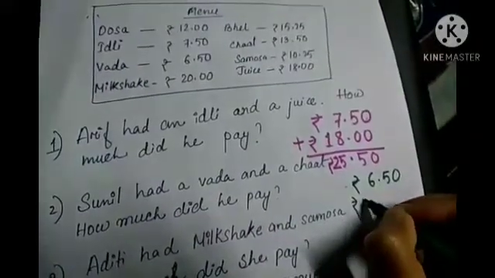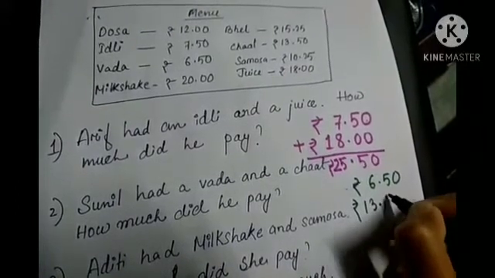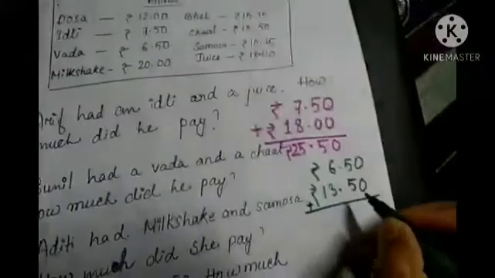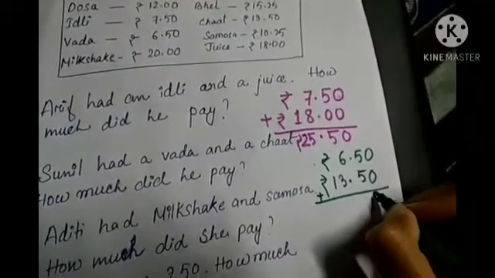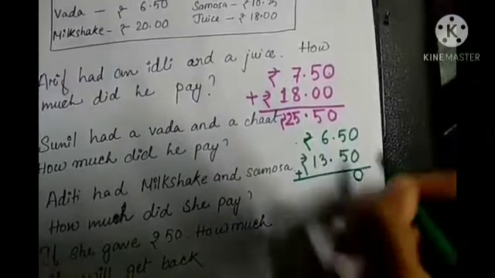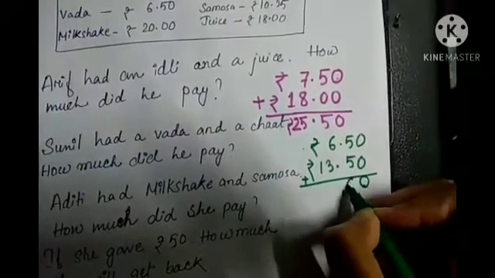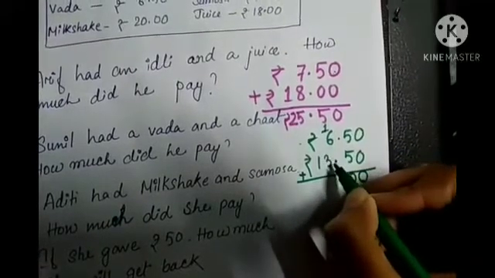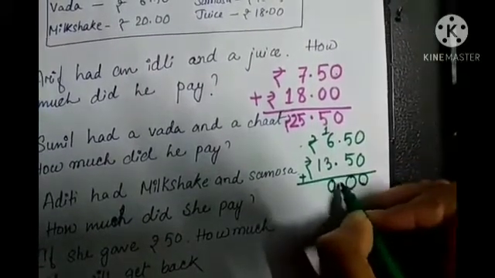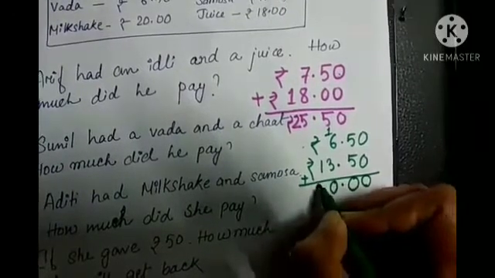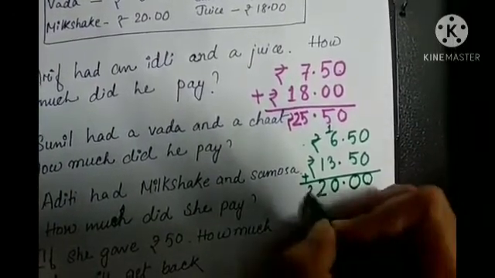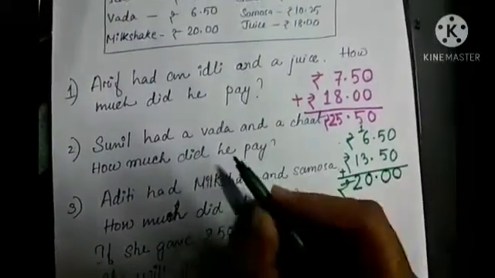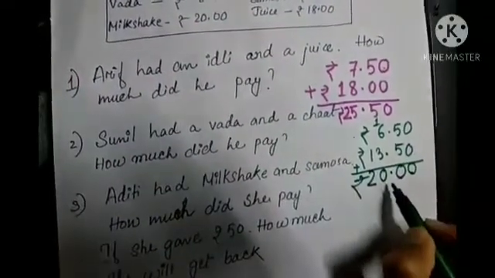We have to add it. 0 plus 0 is 0. Then 5 plus 5 is 10, so 0 and 1 is carried. 6 plus 3 is 9, plus 1 is 10, again carry 1, and 1 plus 1 is 2. So how much did he pay? He paid rupees 20.